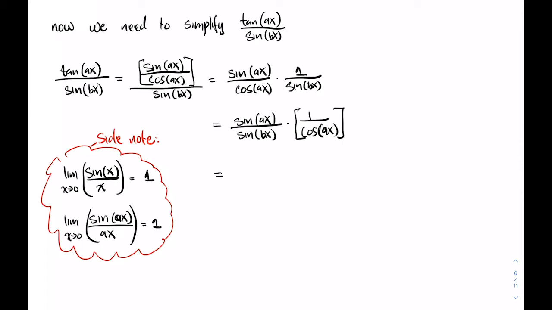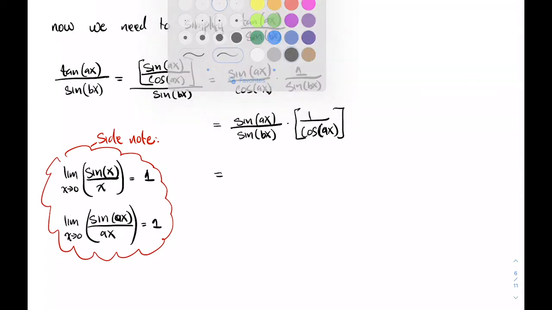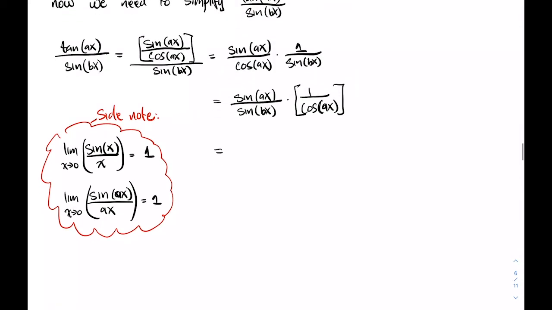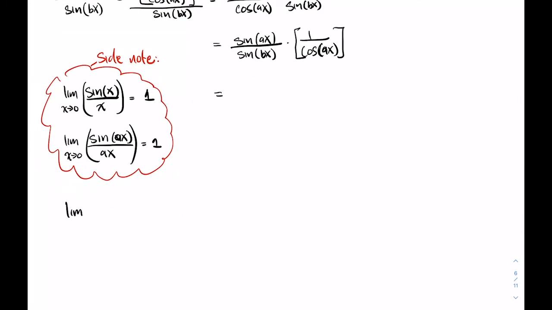So now we can go back to our limit. The limit as x approaches 0 of tan of ax over sine of bx is equal to the limit as x approaches 0 of this expression that we just found.